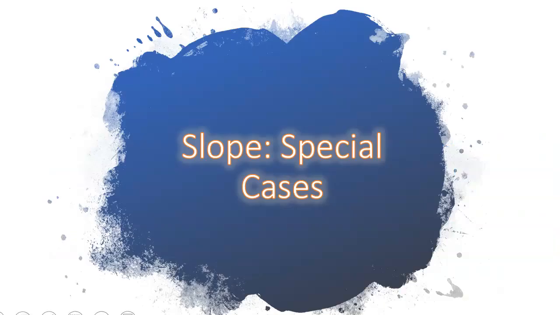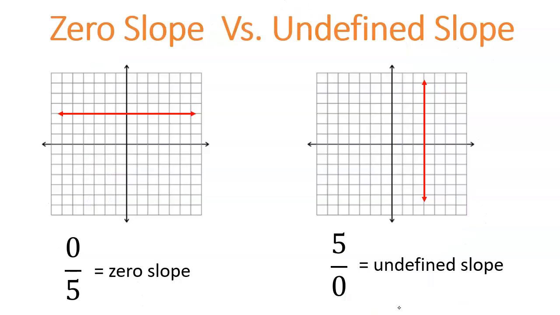Alright, so now let's look at some special cases with slope. So we have to think back and remember that we can also have zero slope, or we can have undefined slope. Zero slope is going to be a horizontal line. Okay? Zero slope tells me that my rise is 0.